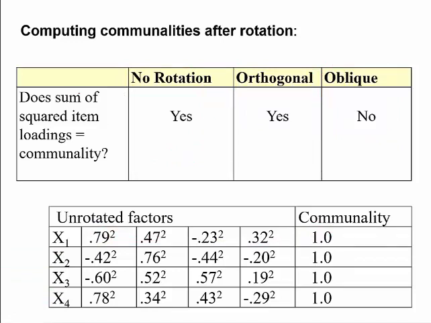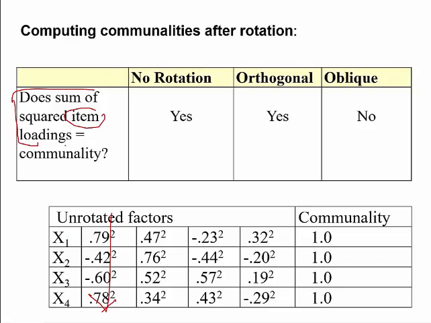So if we ask the question, does the sum of the squared item loadings, so we're not summing down for a factor as we did for calculating eigenvalues and sum of squared loadings. Now, which is confusing because these are both sums of squared loadings.